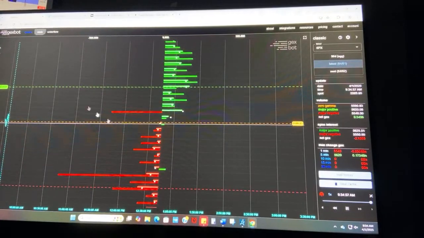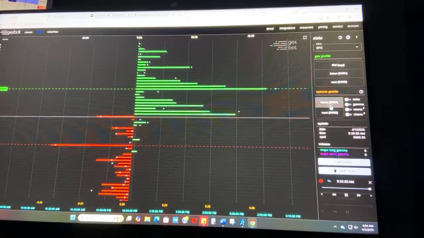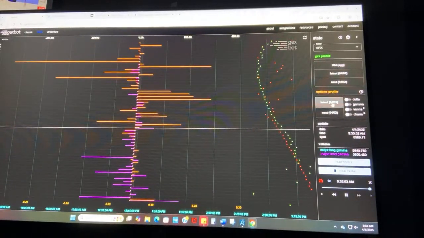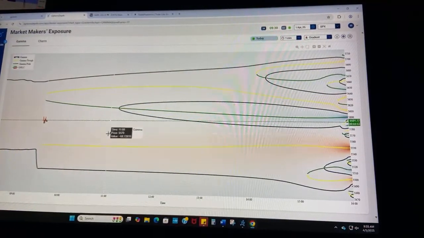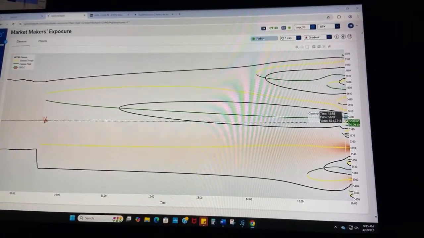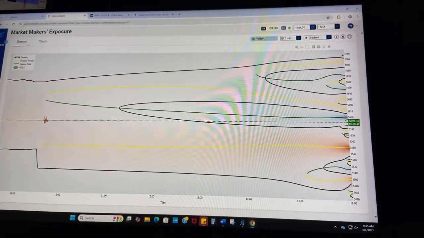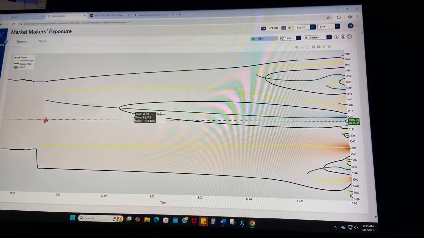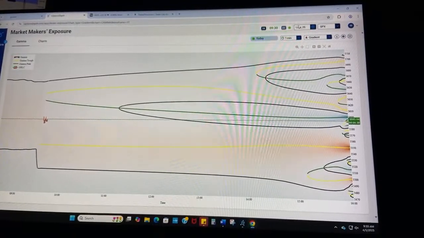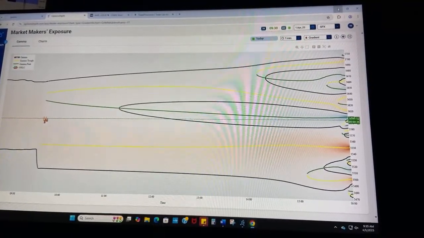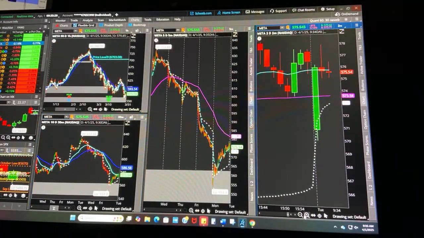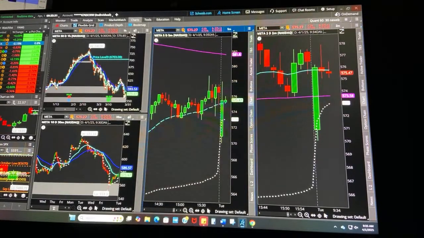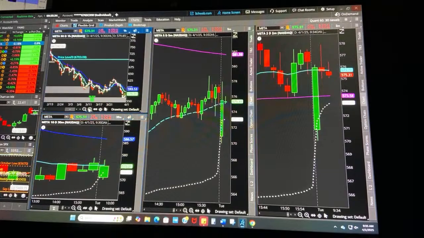Negative GEX is trying to pile in here. It was hard to trust Tesla, which is why I mentioned Meta might definitely be the better one there.